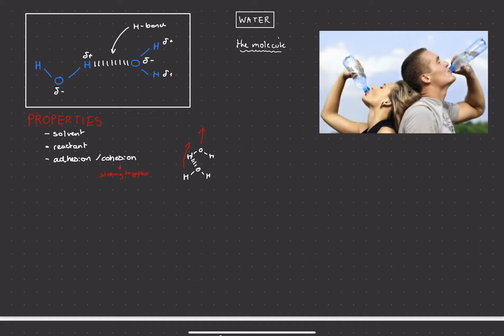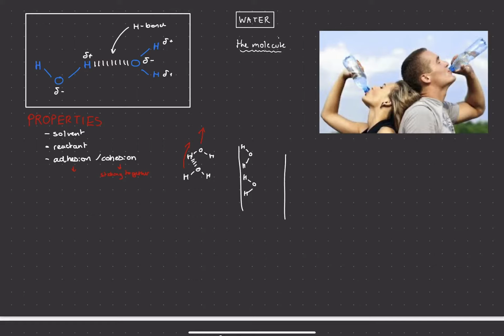And we also have adhesion, which means that water molecules stick to surfaces. So say I've got a surface like this. Water molecules tend to stick to it, once again, because they can form hydrogen bonds with the surface. And so they get drawn up the surface.